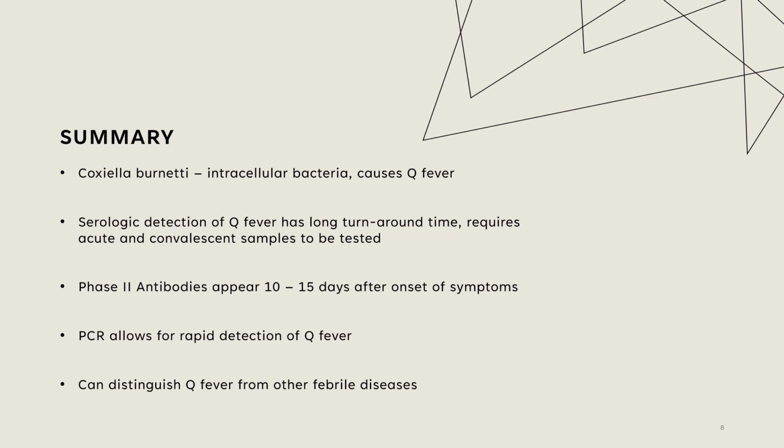Using a PCR detection method allows for the rapid detection of Q fever disease, and it can easily distinguish Q fever from other febrile diseases, thus allowing the physicians to start proper treatment.